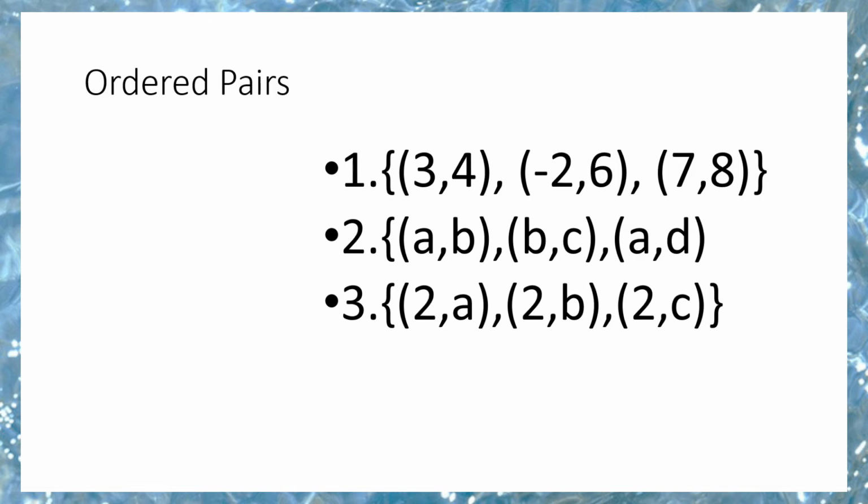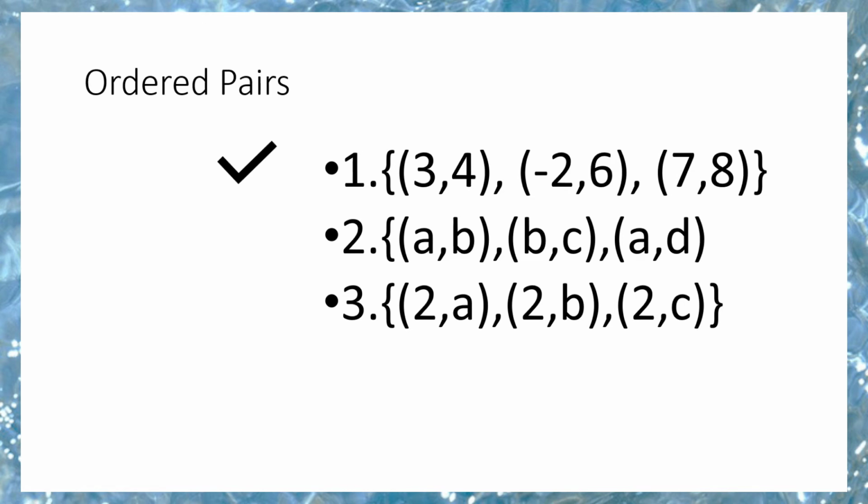In set 1, we have ordered pairs (3, 4), (-2, 6), (7, 8). Wherein, as you can see, there is no domain being repeated, so therefore number 1 is classified as a function. While number 2, as you can see, we have in this set the elements of the domain is being repeated, and what element is that?